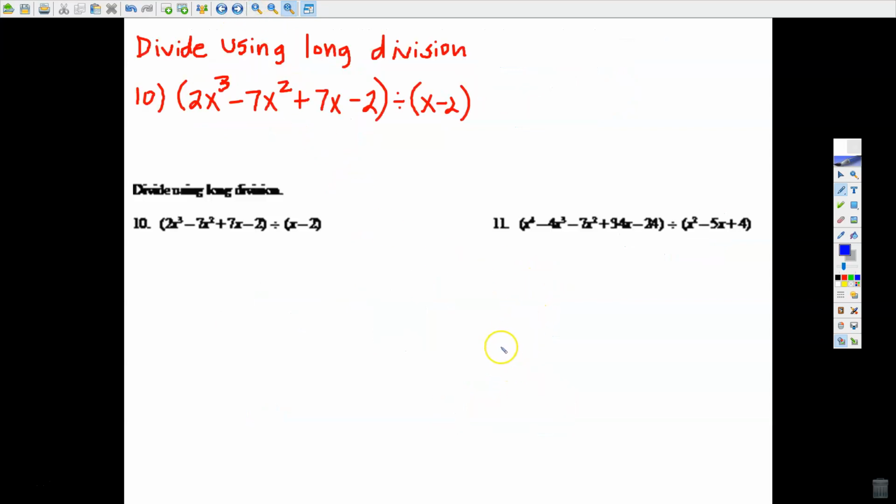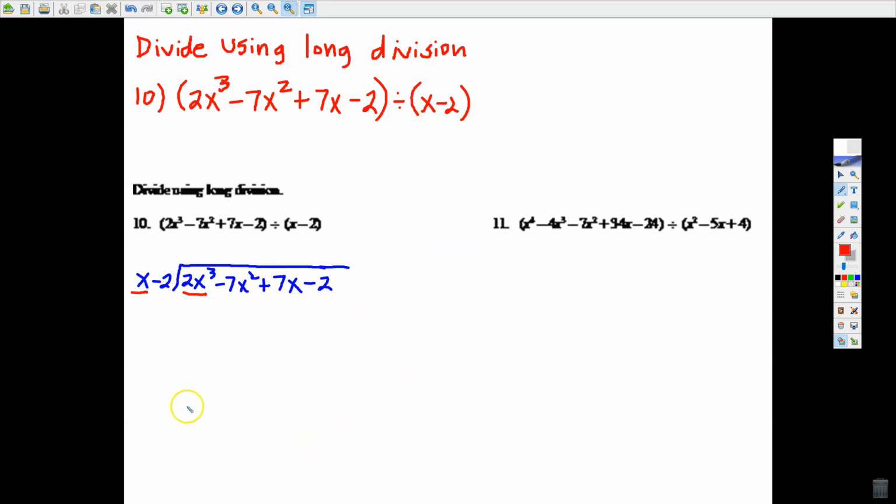Okay, let's do some division and long division. So to set this up, I'm going to have x minus 2 dividing into 2x to the third minus 7x squared plus 7x minus 2. When I divide, I'm really just dividing this first term into this first term.